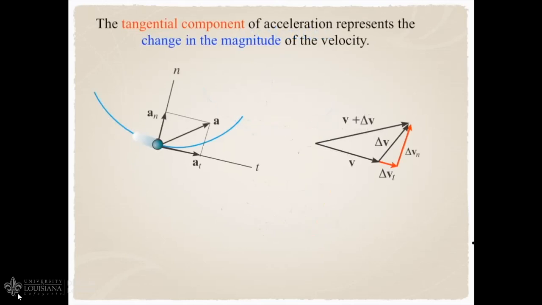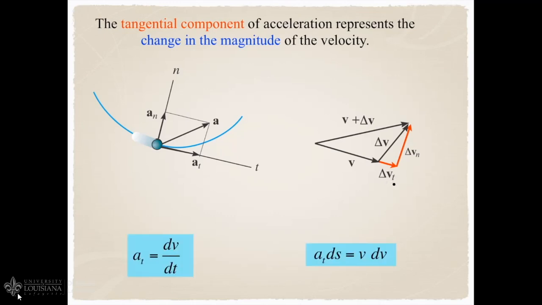In the tangential direction, if I take this component, divide by delta t, and then take the limit as delta t approaches 0, I'll get the tangential component of acceleration. Here it is. a_t is equal to dv/dt, and it represents the change made in the magnitude of the velocity.